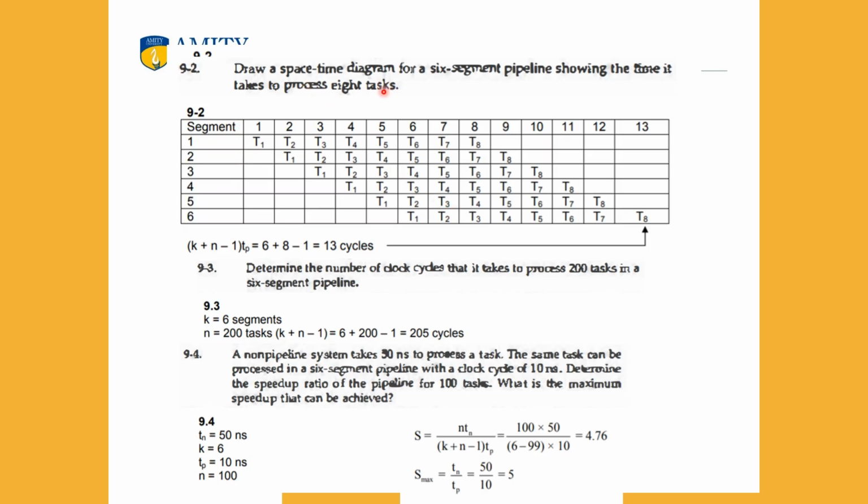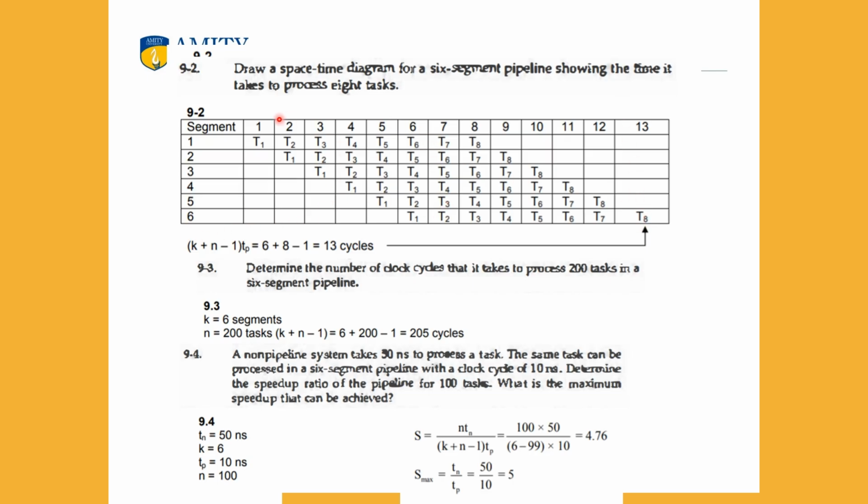Since we are doing 8 tasks, T1 all the way to T8 will be written, and then the second segment will start at the second part from T1 till T8 again, and you go all the way till T8 for the 13th part.